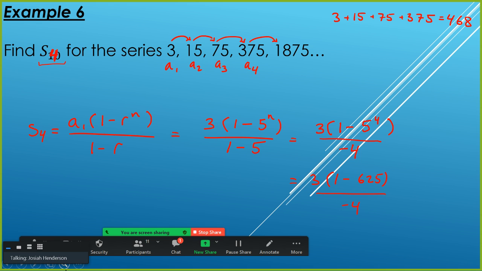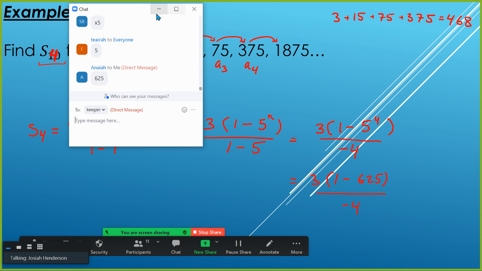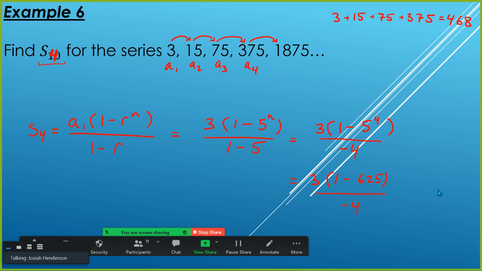Holy cow. Huge, right? Good. Thanks, Anaya. 1 minus that would be negative 624. Am I doing that right? 1 minus 625. Yes, negative 624. I want everyone to practice doing this kind of stuff in your head, mental math, but don't be afraid to use your calculator to check.